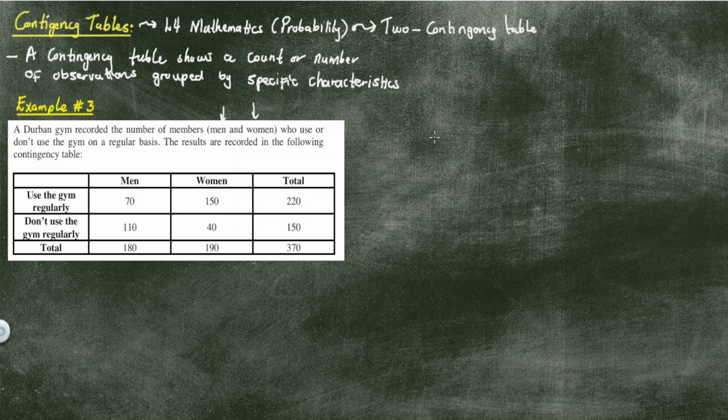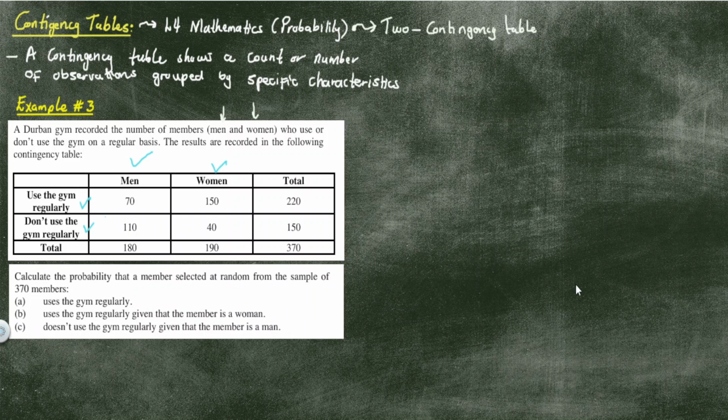In this case, we have an event which is going to the gym or not going to the gym, categorized by gender, men or women. So let's take a few questions on this particular table.